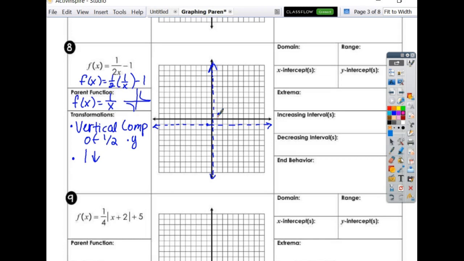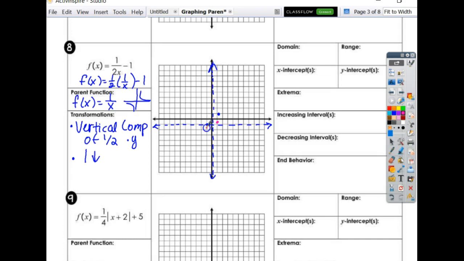And then what do I have to do? Go down 1, so I'm at negative 0.5. All right? And so if I do the negative 1, negative 1, if I multiply it by half, I move up, but then what do I have to do?